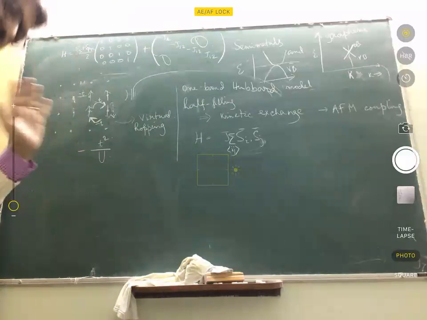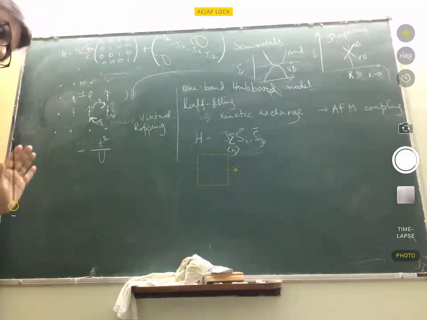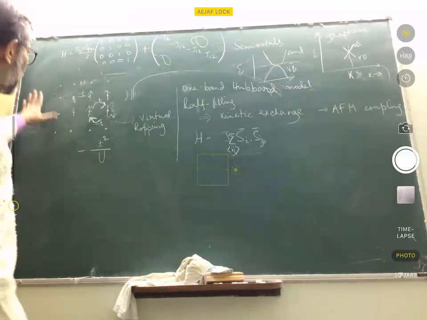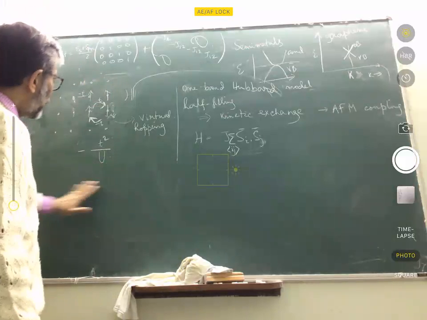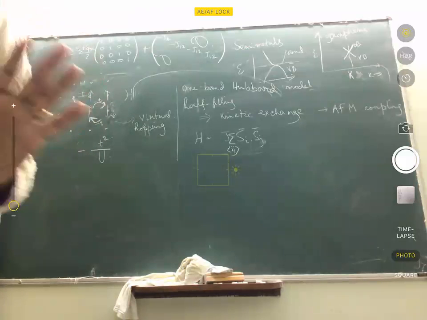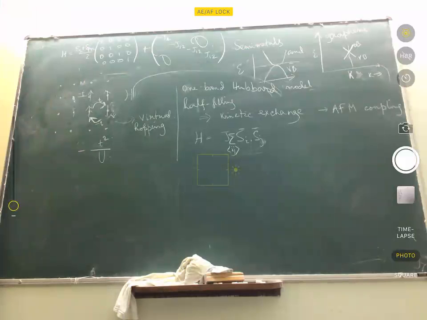So at least we have one justification where ferromagnetic coupling can appear. But can one have ferromagnetic coupling in this sort of a Hubbard model? Is it possible? So that I have nearest neighbor ferromagnetic coupling between spins.